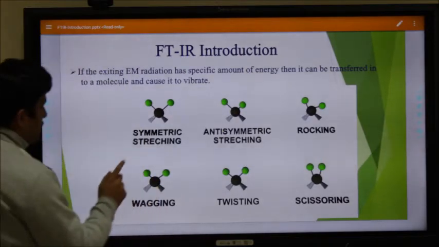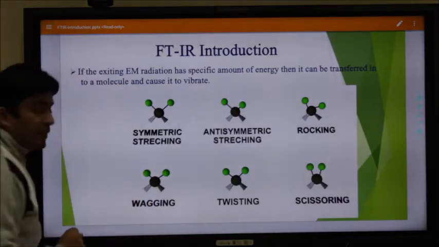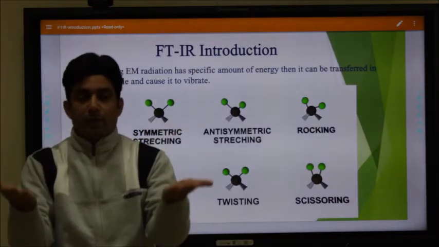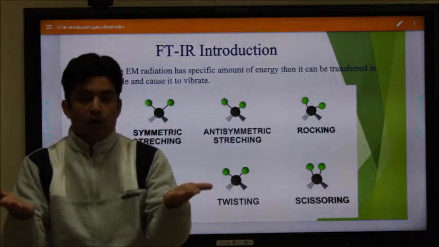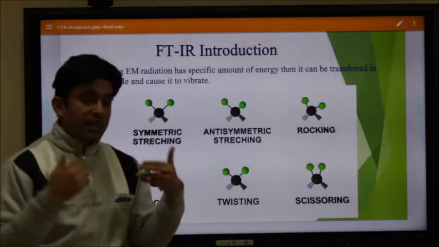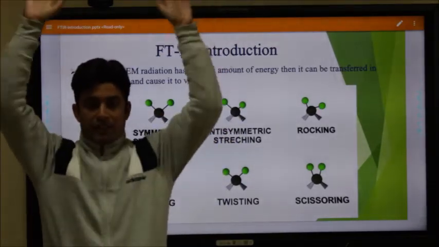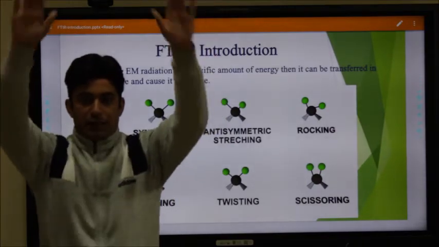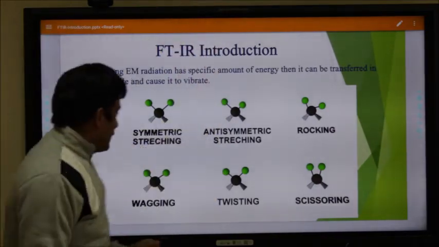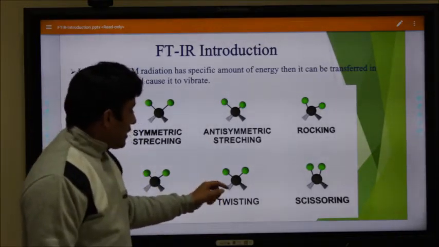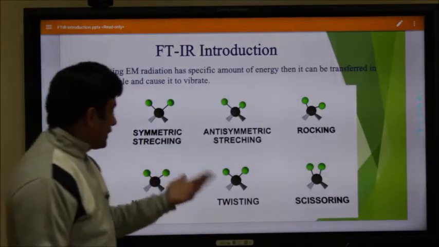Now, the next one is wagging. What will happen in case of wagging? This is towards you. Or again, we can say out of the plane, like this or like this. These are the movements. Now, let's move on to the next type of vibration produced by the bonds.